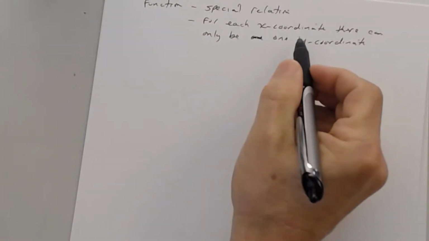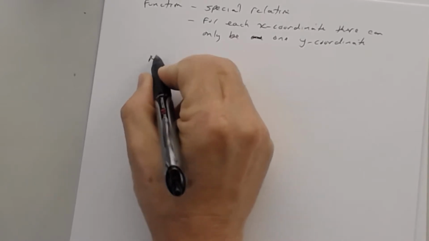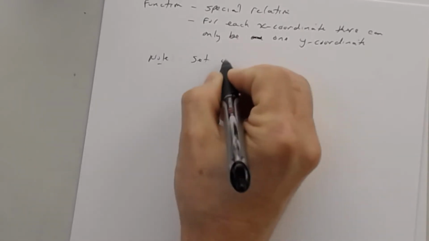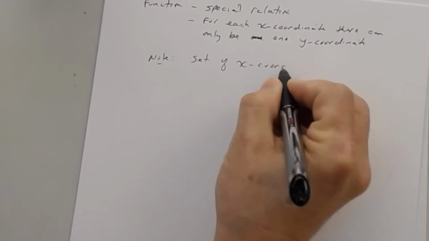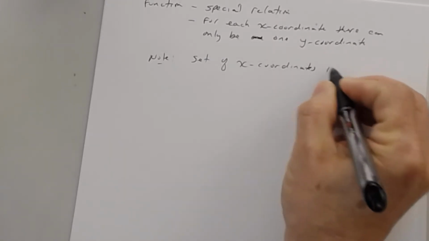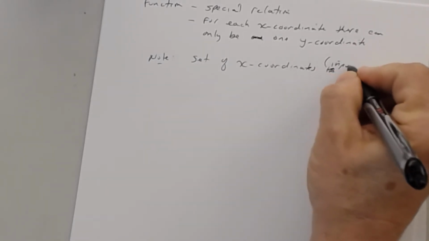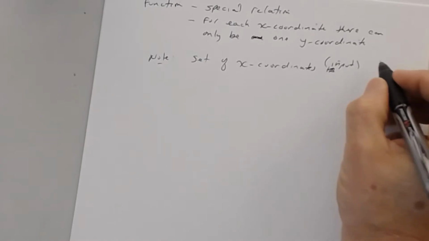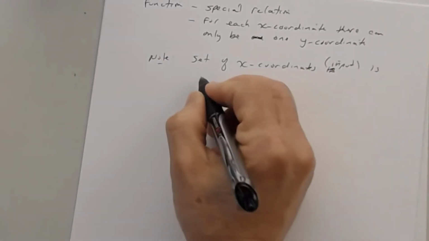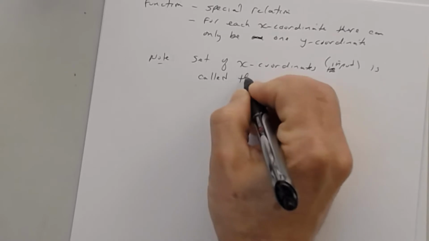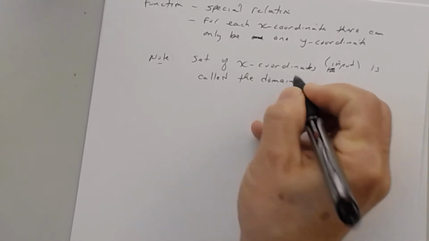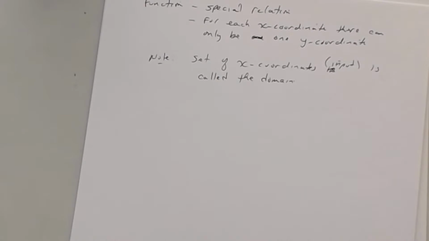So the set of x coordinates, which sometimes we call the input, I'm going to put this in parentheses, input. The set of x coordinates is called the domain. So the domain is a set of what? X coordinates. Well, if the domain is a set of x coordinates, what do you think the range is?